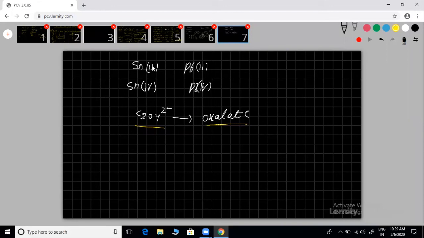Tin Sn2+ is possible, 4+ is possible. Whichever has the lesser number, that is -ous. Okay, -ous, you can note down. Which is the lesser number, this is -ous. Maximum number, that is -ic. Suppose stannous, I can use stannous, stannic, and plumbous and plumbic.